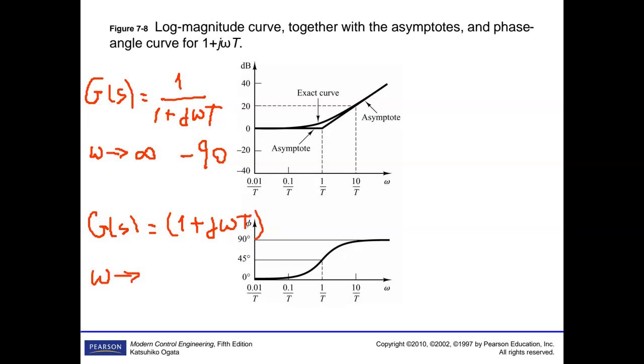Tamam mı? Bu da theta eşittir minus 90. Okay. So these are the first order systems.